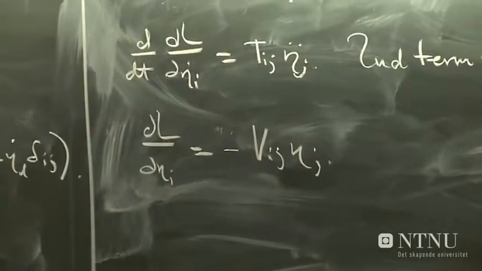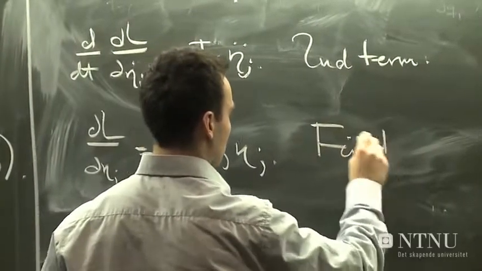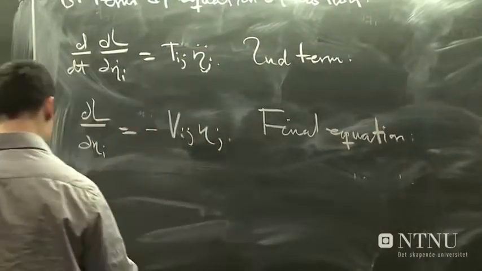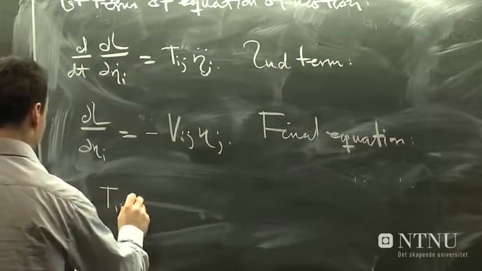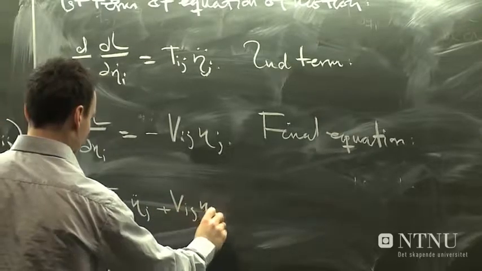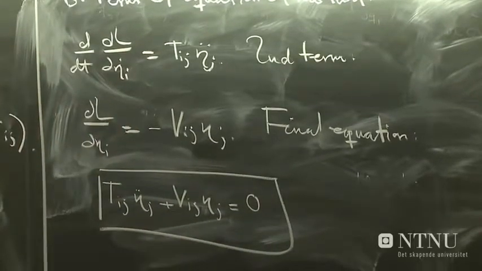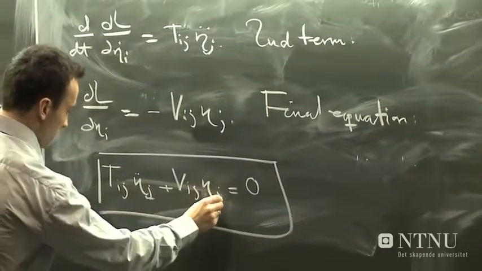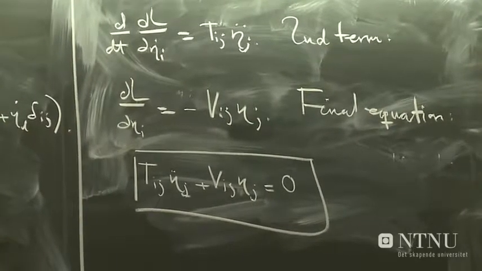And the second term becomes like this. So our equation of motion for the generalized coordinate qi looks like this.